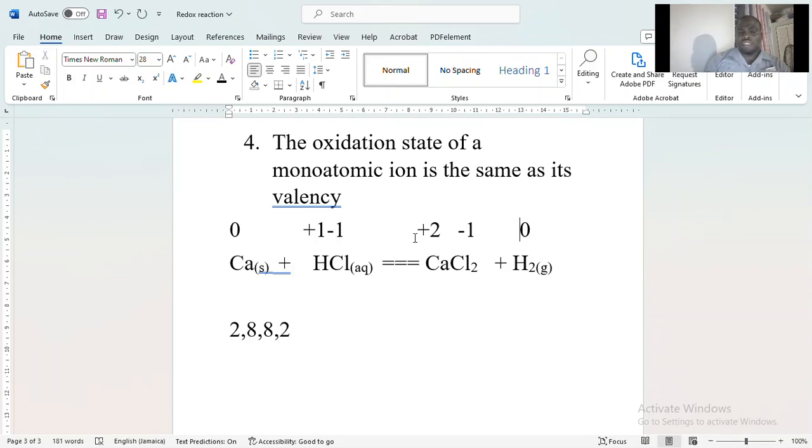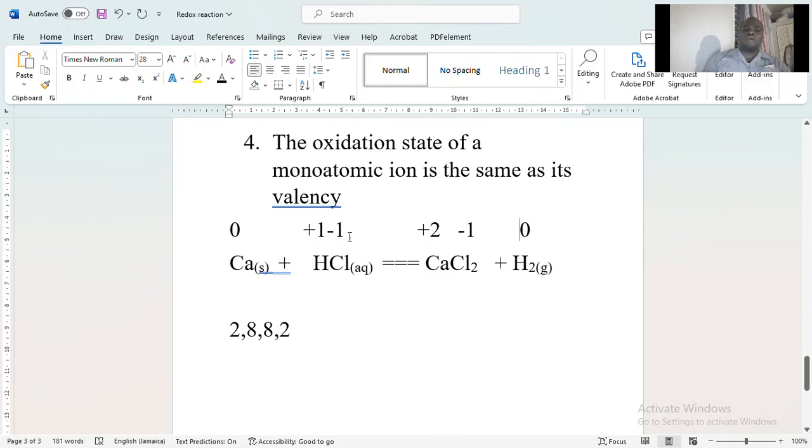We should know that when an oxidation number increases, that is oxidation, right? So we know the calcium is being oxidized.